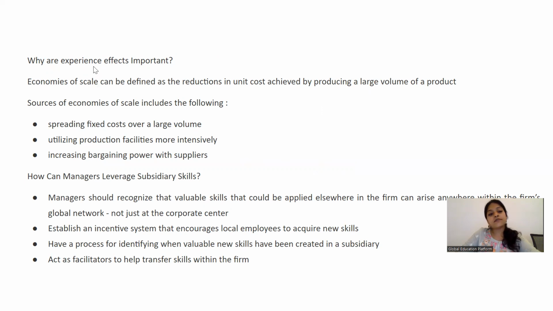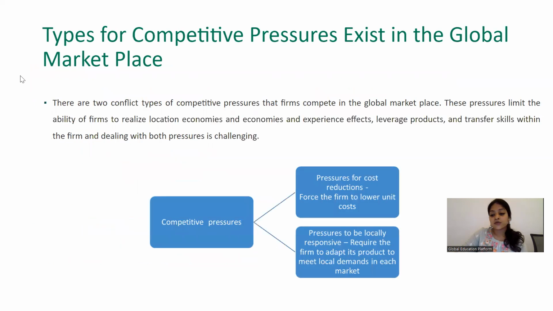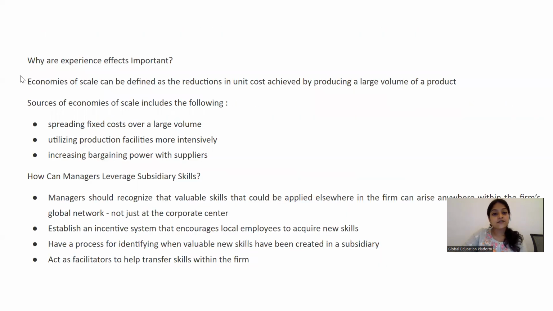We've already covered economies of scale when we looked at maybe globalization. It was touched on at that point. So economies of scale can be defined as the reductions in unit cost achieved by producing a large volume of a product.